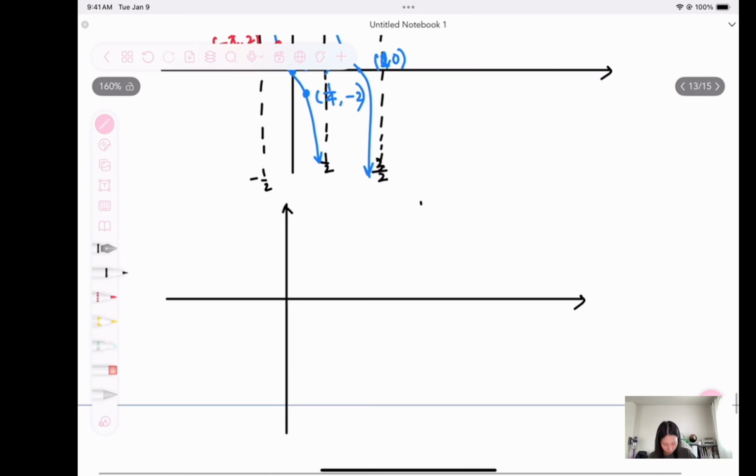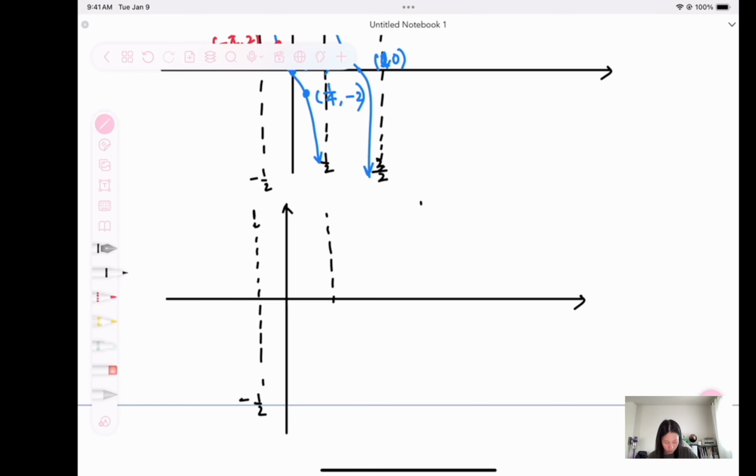All right. So same thing, we have the asymptotes -1/2 to 1/2, and then we have 3/2. But our center or the midline is going to be moved down.